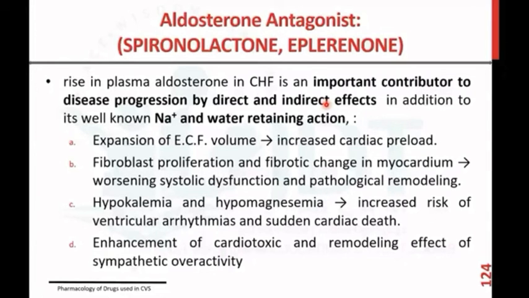They are methylxanthines and bipyridines, that is amrinone and milrinone; PDE3 inhibitors: amrinone, milrinone, vesnarinone; PDE4 inhibitors: drotaverine, piclamilast; and the PDE5 inhibitors like sildenafil. So at last we see the classification of drugs used in chronic heart failure.